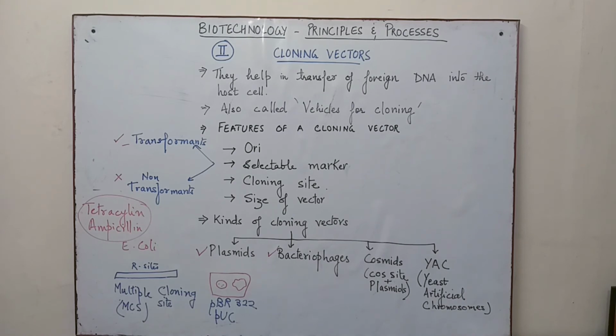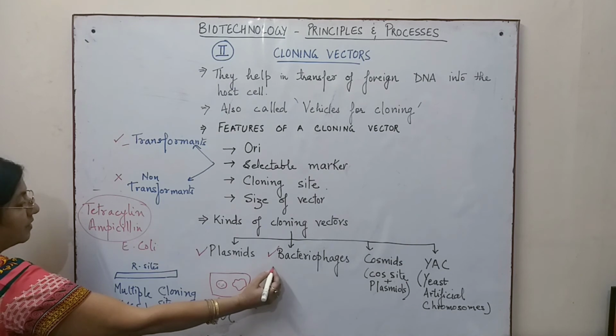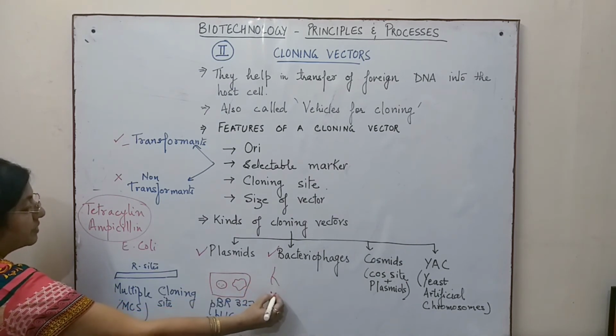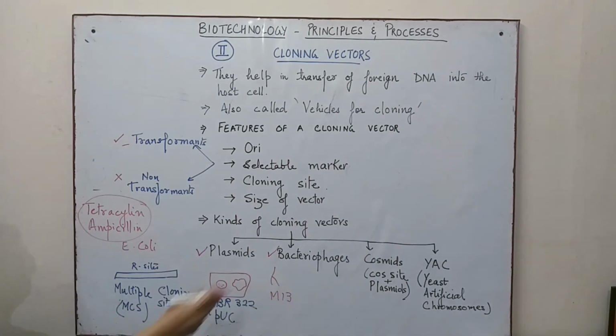Bacteriophages we use, such as lambda phage and M13 phage, are examples of the bacteriophages which are used for this technology. Cosmids are obtained by combining certain features of a plasmid and the COS site, that is the cohesive site of the lambda phage.